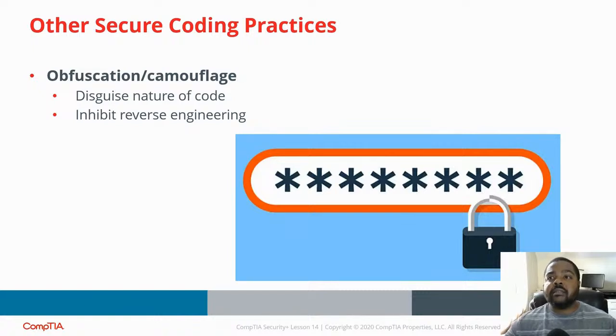You can also use some type of coding practice where we're using obfuscation, which is kind of a big word for it, but another word for it is just camouflage. A good example is what you see a lot of times with passwords. When you're typing in your passwords, you're getting these little stars or dots instead of actual letters. But now, for convenience, they have the little eye at the end of the password block, and you can hit that and see what you typed in.